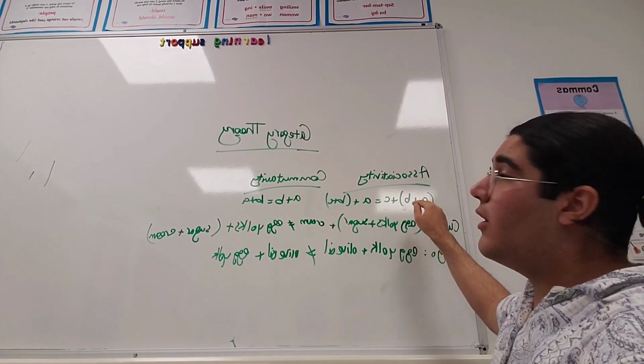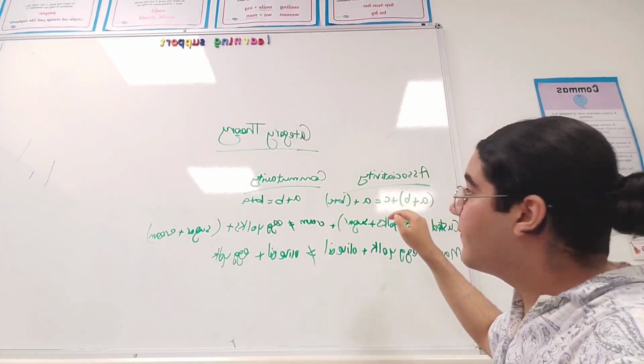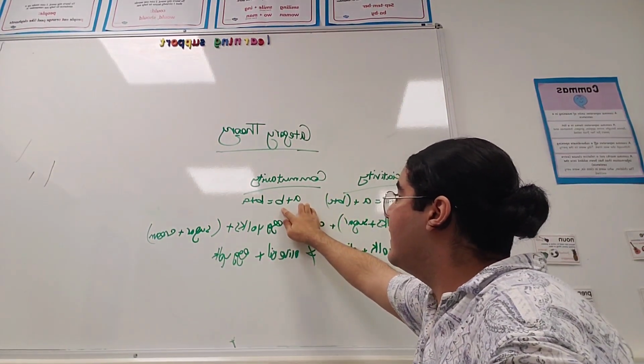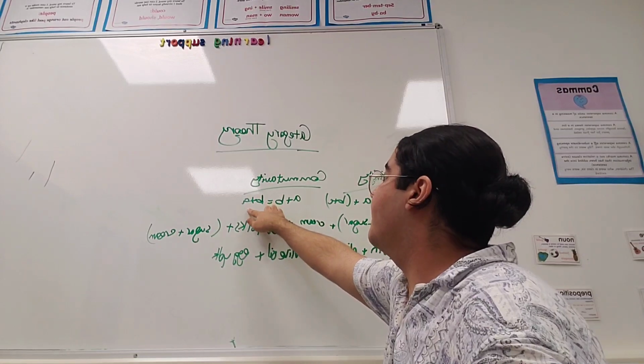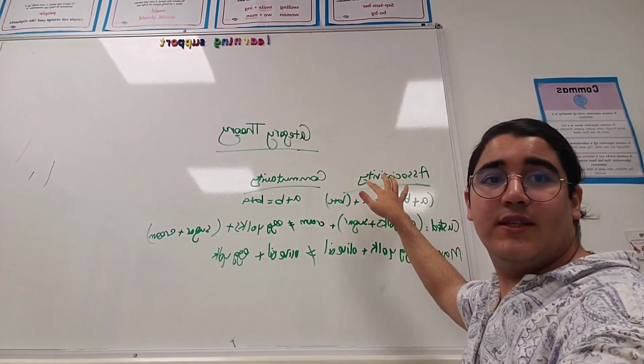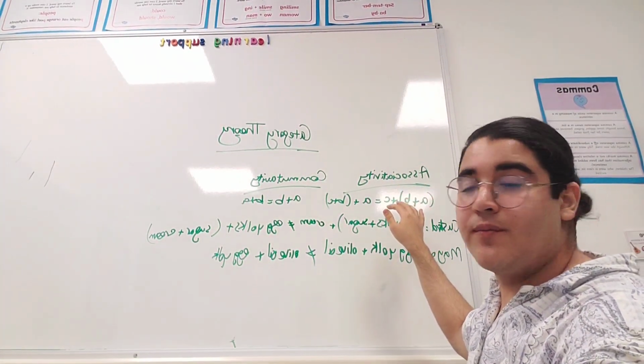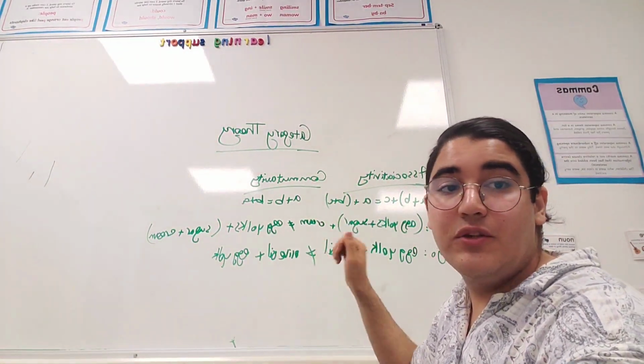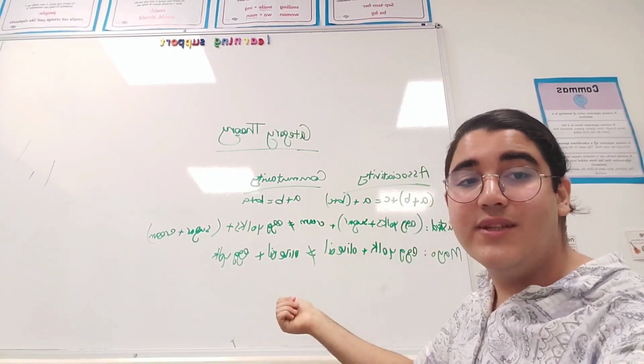Well, this only applies to that context. Also, for commutativity, we have a plus b equal to b plus a. Now, associativity is one-dimensional, whereas commutativity can be applied to high-dimensional concepts.